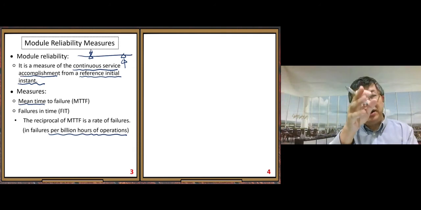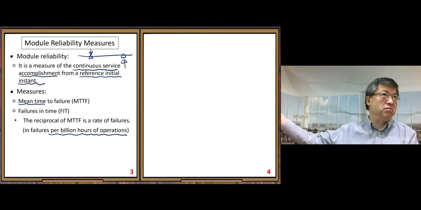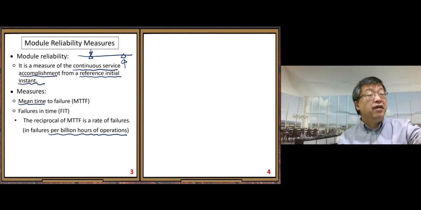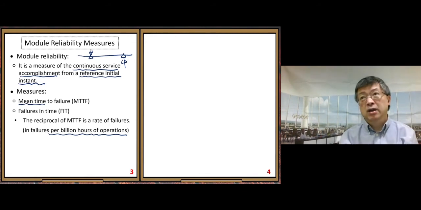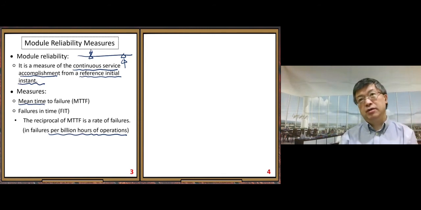You will get 1,000 failures per billion hours. That's a big number. How can anyone ignore 1,000 failures? Nobody can ignore that. So that's the purpose.